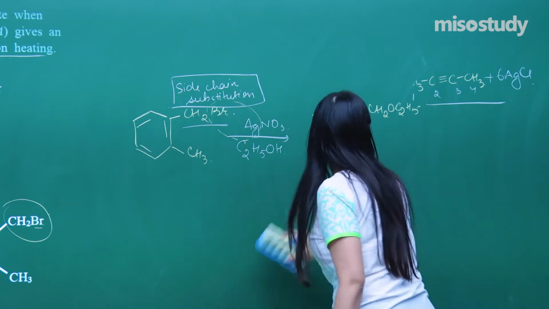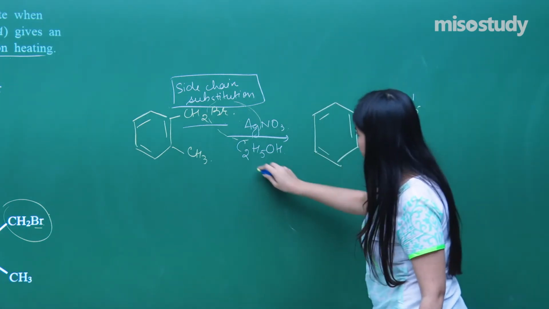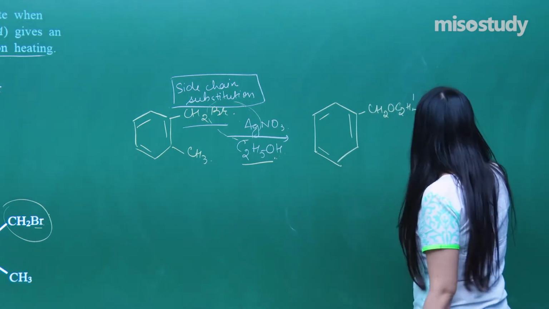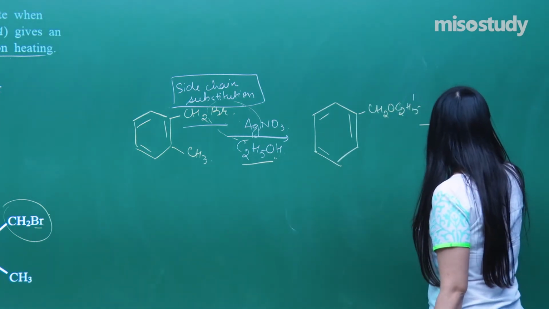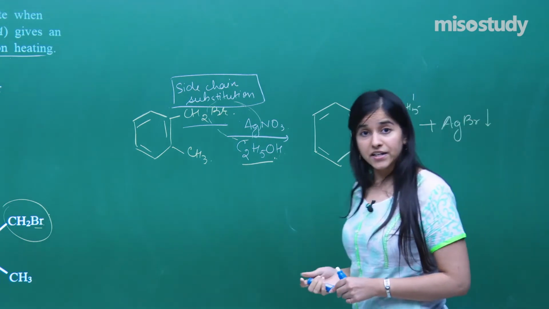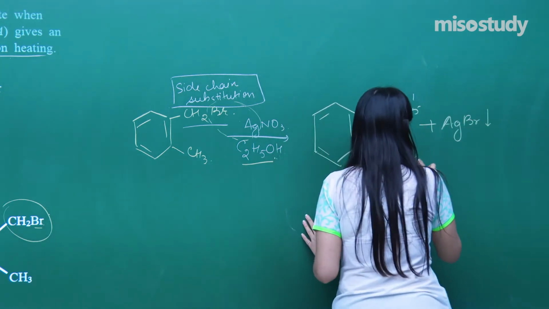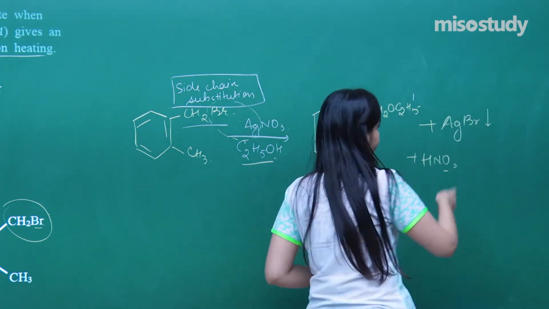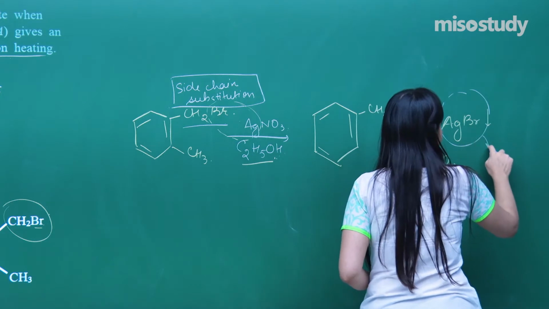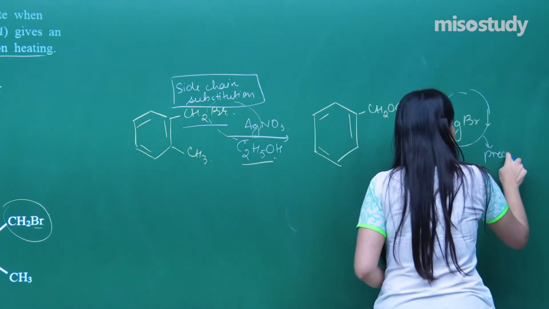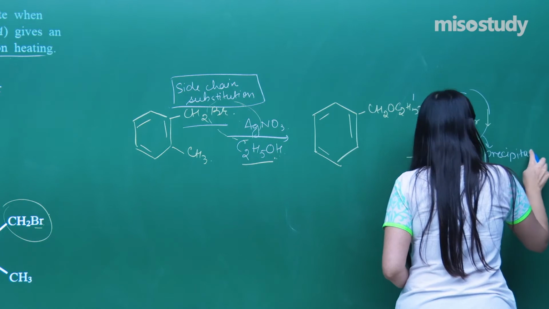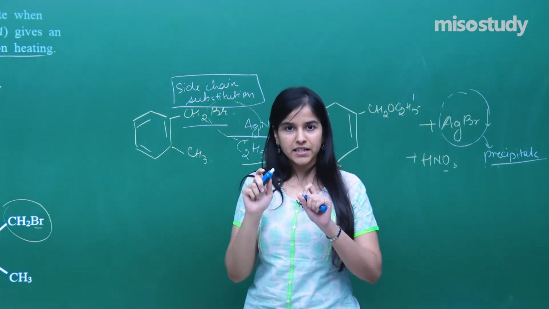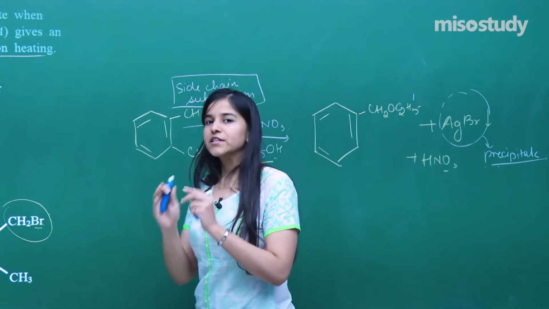If you look here, this group gets attached onto the CH2 and along with it we get AgBr as precipitate. So that is the reaction over here, and also we get HNO3 in the reaction mixture. So this is the precipitate that we get, and this reaction always happens in the side chain substitution and not the directly attached group. So I hope that is very well clear to you.